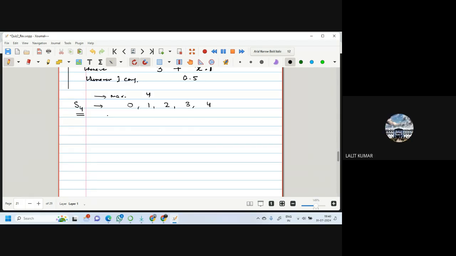Now we know that demand in S4 is 4. We have to meet this demand 4. And at the end of S4, it has to be 0. So I find that if S4 is 0, then how much I have to order? I have to order 1 into 4. This much I have to order, and this is the ordering cost. Is that clear?